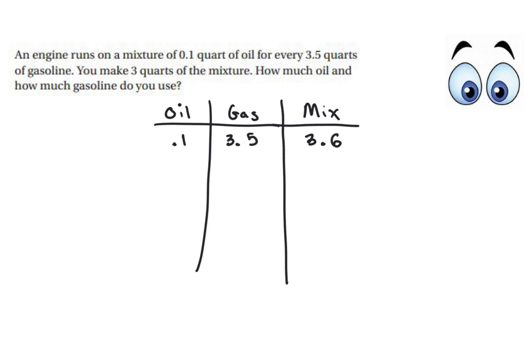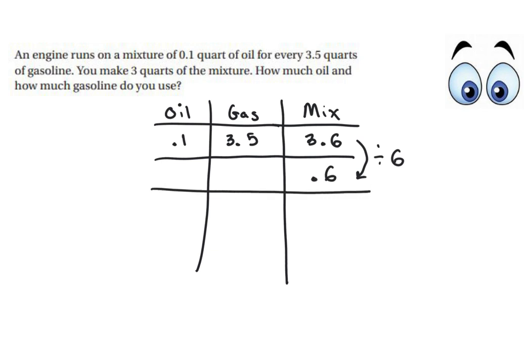So we're going to use what you call scaling here. 3.6, let's divide that by 6. 3.6 divided by 6 is 0.6. And what we want to do is we want to get to 3.